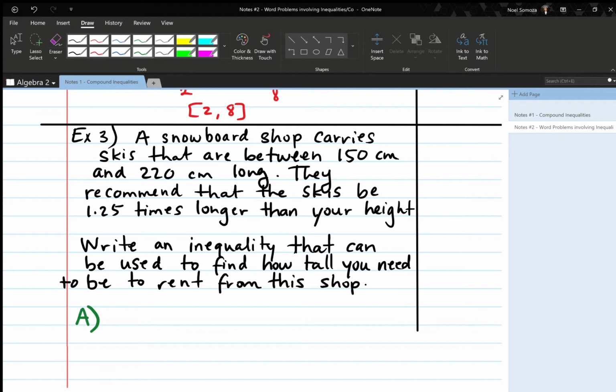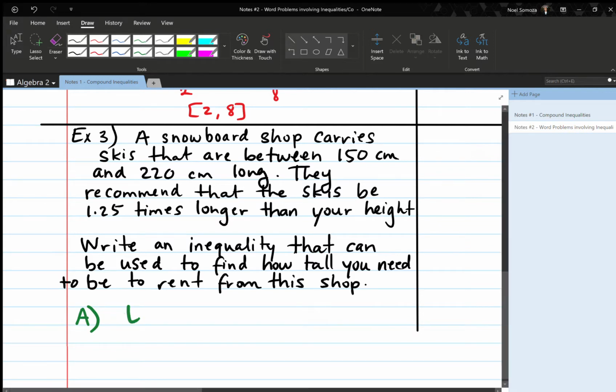We're looking for the height of a person. So do you want to use H, X, F? Give me a letter. T. Okay, T for height of person.